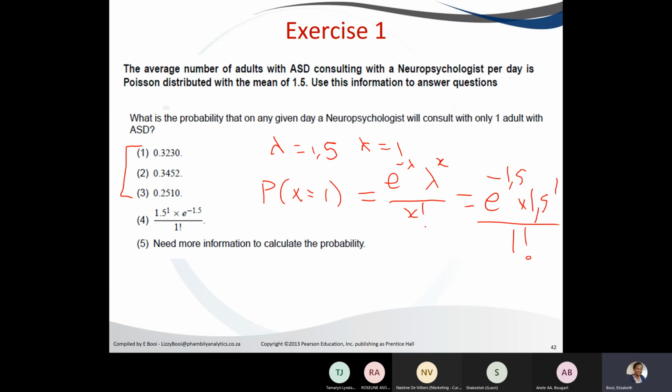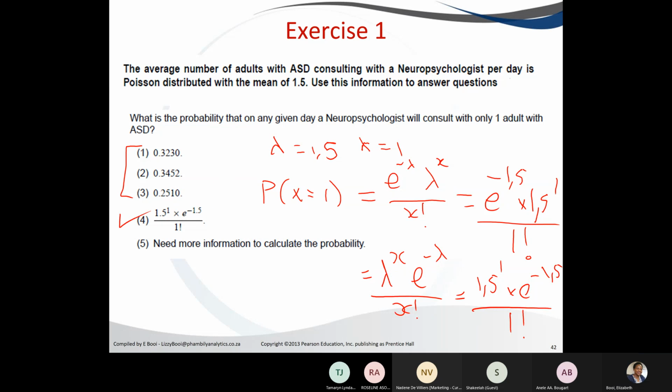What they did here was lambda to the power x times e to the power negative lambda divided by x factorial, which is the same as what we have. We just swapped the values around: 1.5 to the power of 1, multiplied by e to the power minus 1.5, divided by 1 factorial. Those two mean one and the same thing, and this is the answer they were looking for.